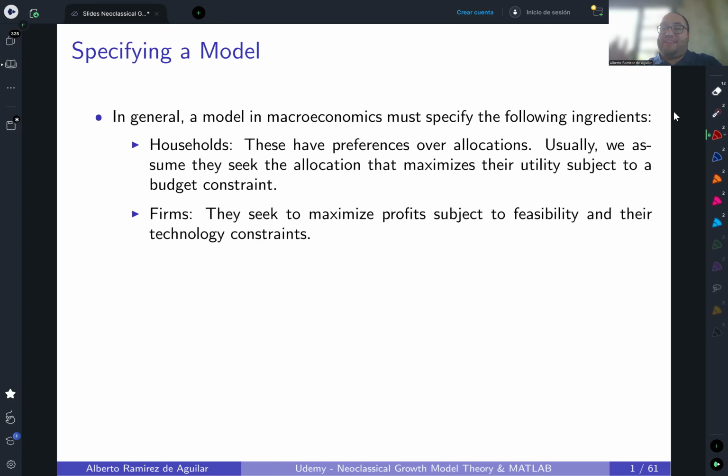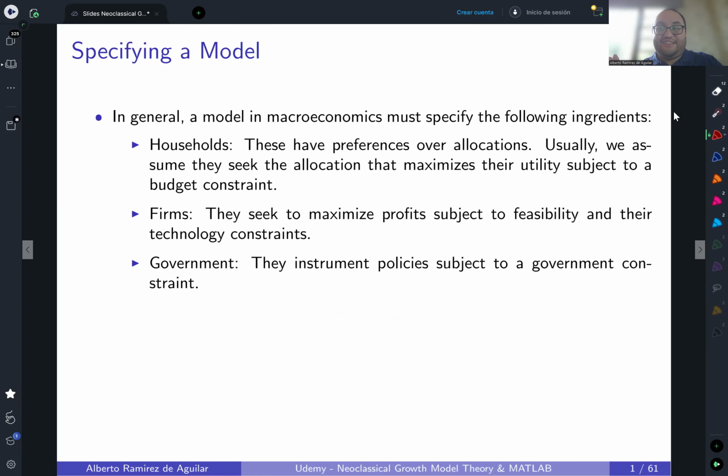So the important key that the firms bring to the model, or a macroeconomic model in general, is the production technology. And so how is it that the firms, or in general the economy, transform labor and other inputs such as capital, for example, into goods that people and private agents later consume? So how this is transformed, that's what firms bring to the table.